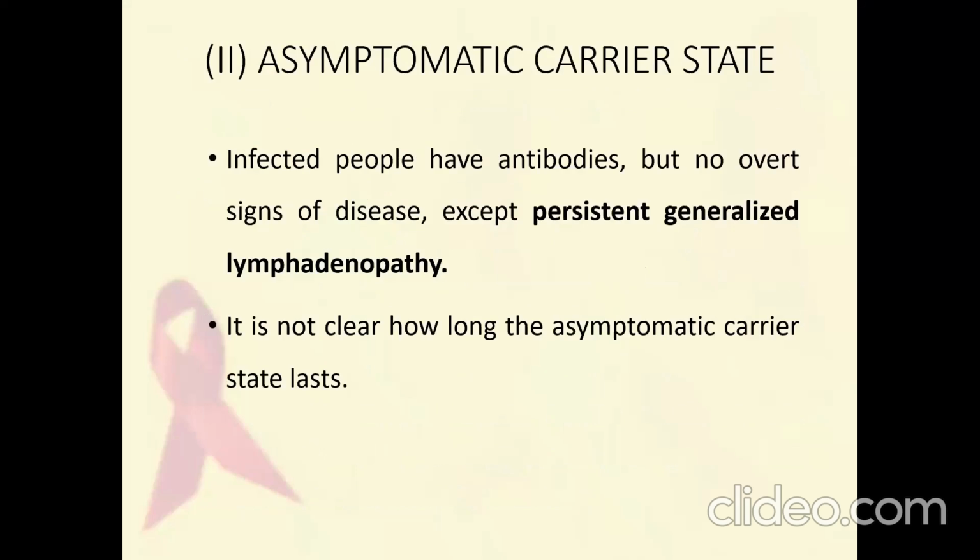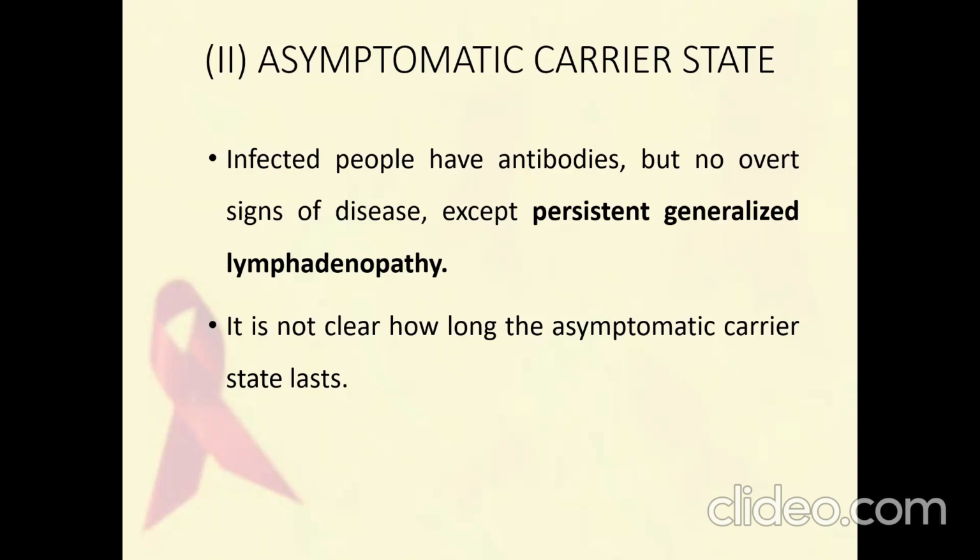Then second one is asymptomatic carrier state. Infected people have antibodies but no overt sign of disease, except persistent generalized lymphadenopathy. So one of the reasons for generalized lymphadenopathy is HIV. And it is not clear how long the asymptomatic carrier state lasts.